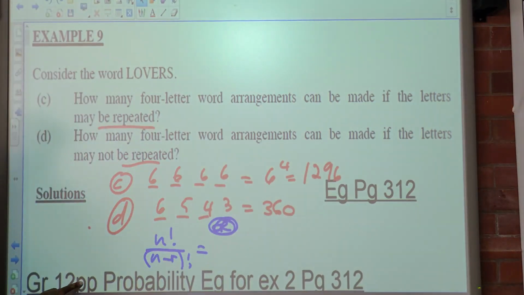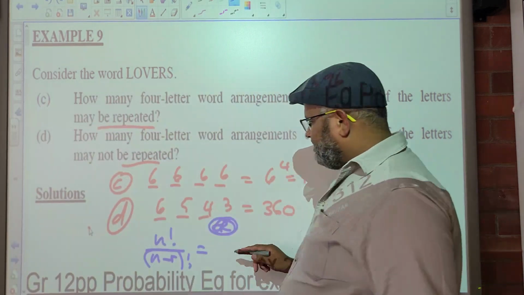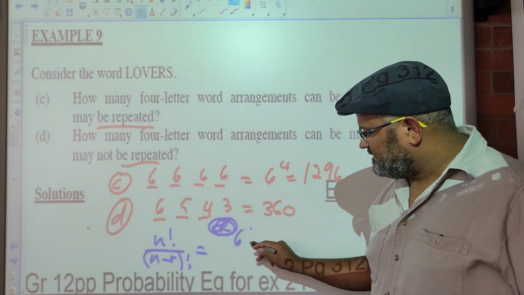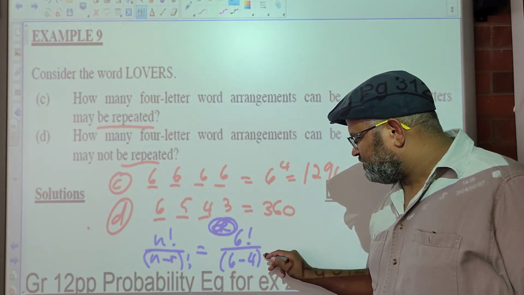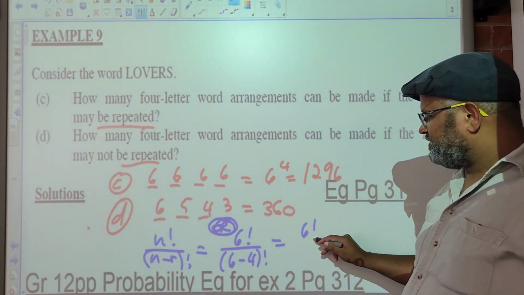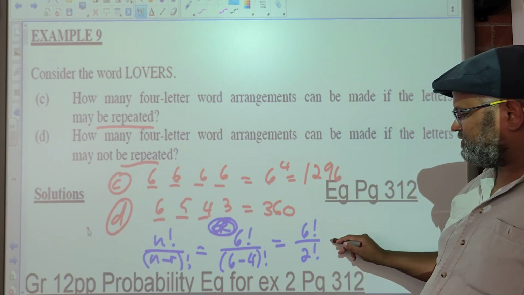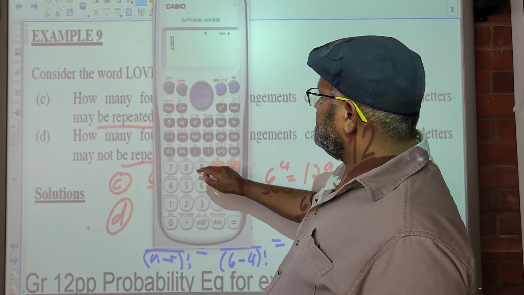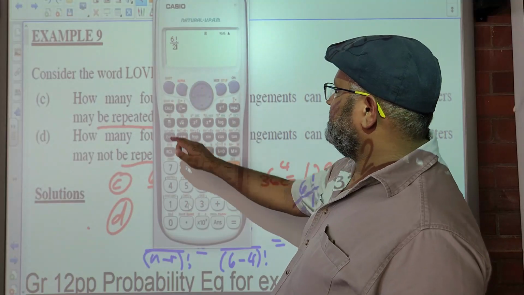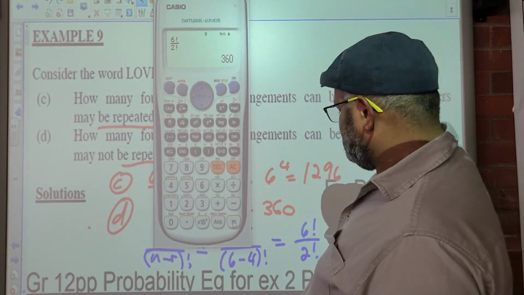So what would n be in this case? How many options do I have? So it's 6 factorial over 6 minus 4 factorial, which is 6 factorial over 2 factorial. So 6 factorial over 2 factorial gives you 360.